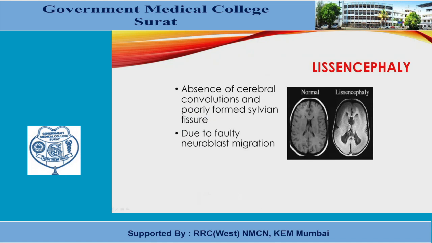Lissencephaly, it is an absence of cerebral convolution and poorly formed Sylvian fissure. This Sylvian fissure, this is the normal part, but if there is absence of convolution or poorly formed Sylvian fissure, it is diagnosed as lissencephaly, which occurs due to faulty neuroblast migration.